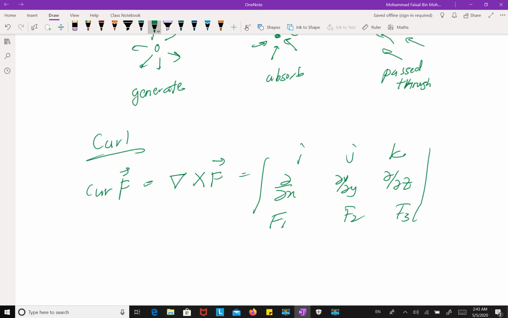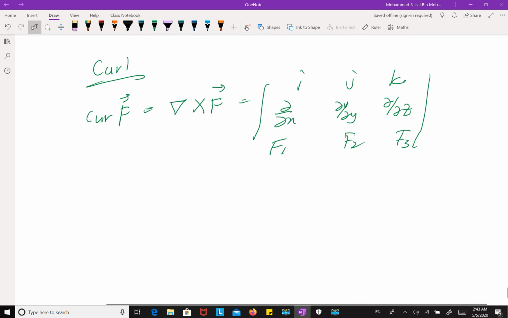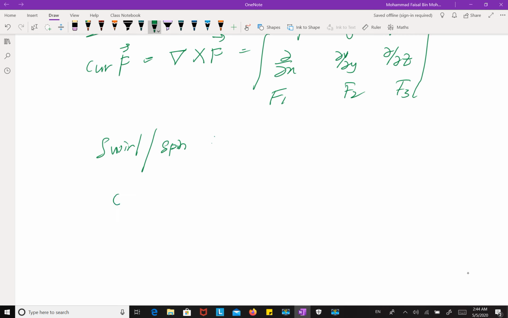So the tendency of the fluid to swirl or spin. If the curl is more than 0, del cross F more than 0, it is pointing upward, which means the rotation is counterclockwise, anticlockwise rotation.